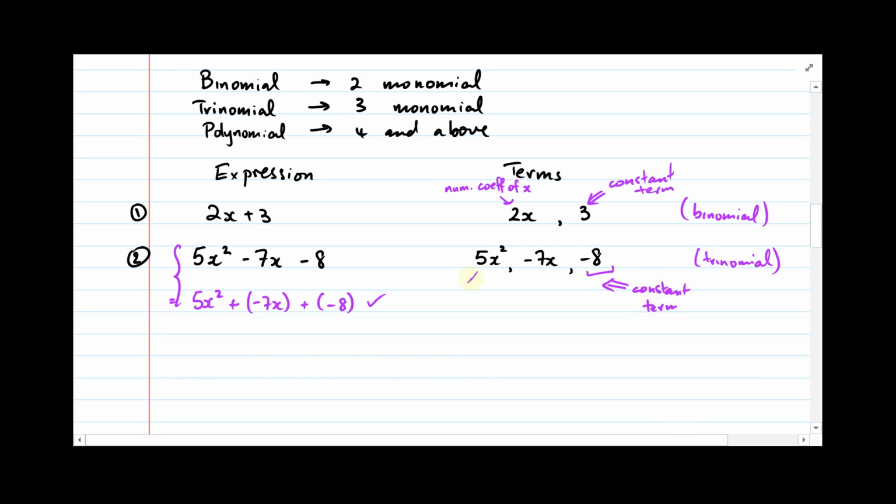But over here, the 5 is the coefficient of x squared, or numerical coefficient of x squared, while the minus 7 is the numerical coefficient of x.